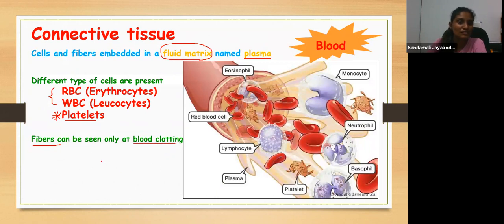During blood clotting, when we have a wound, these fibers are formed. They are normally named prothrombin and fibrinogen, two protein fibers. They form a net-like structure to prevent the flow of blood. Then that is the blood clot. These fibers can be seen only at that event.